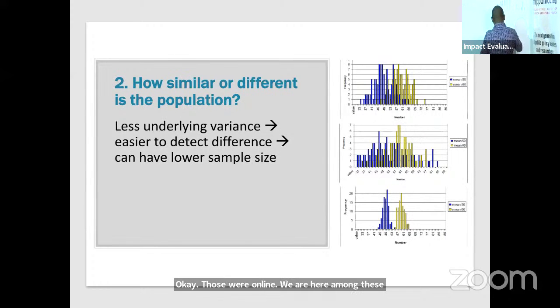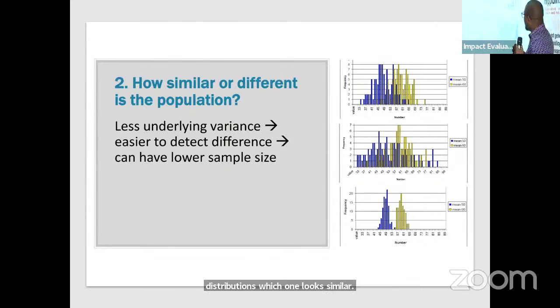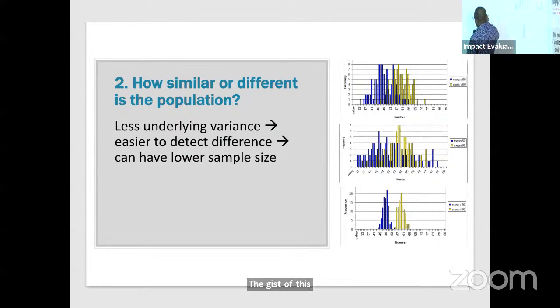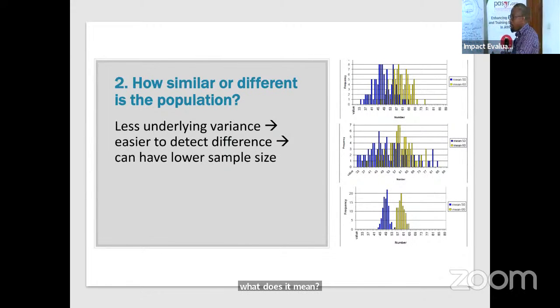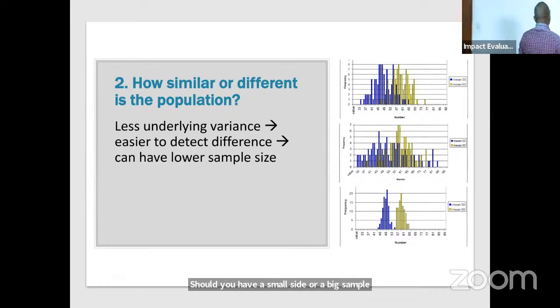Among these three distributions, which one looks similar? The gist of this is, if your underlying population is different, what does it mean? Should you have a small sample or a big sample, if they are very different, and if they are similar?